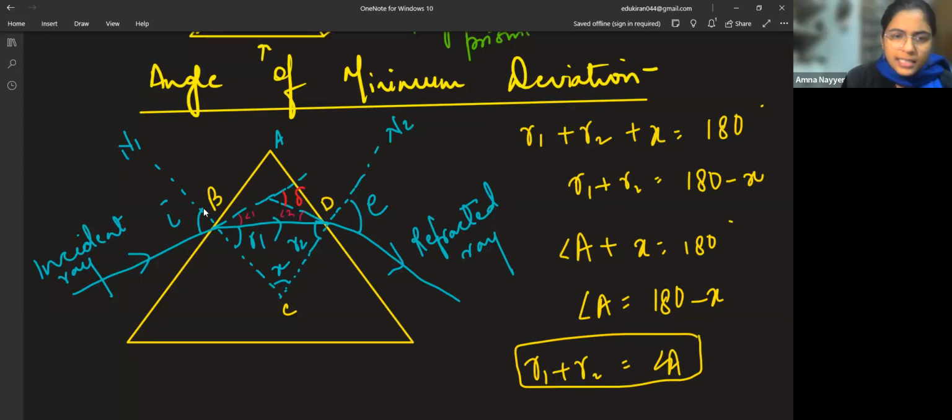See class, this entire angle of incidence and this entire angle, both are vertically opposite angles. Can you see? These lines are crossing each other. If you see this line and this line, they are crossing each other. It means this angle is equal to this angle. Similarly, this line is crossing this line, so this angle is equal to this angle. So what can I write?